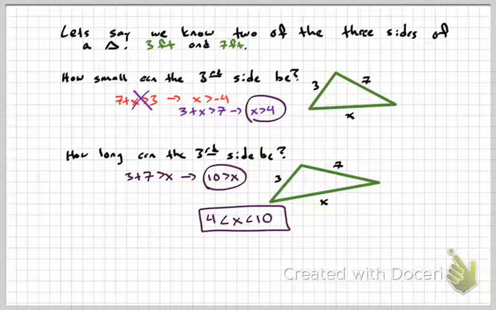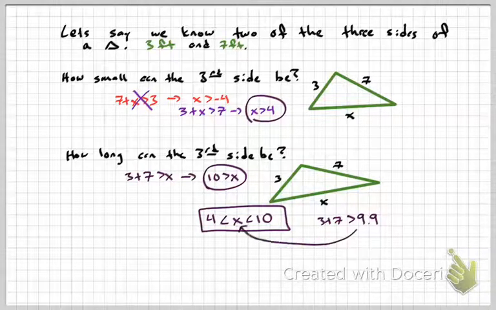So it can be anything greater than 4, but it has to be less than 10. And the reason it has to be less than 10 is because 3 plus 7 is greater than 11, that's a false statement. We can't make that triangle. Okay, but if it was 9.9, 10 is greater than 9.9, that's true. That falls into that inequality area right there.